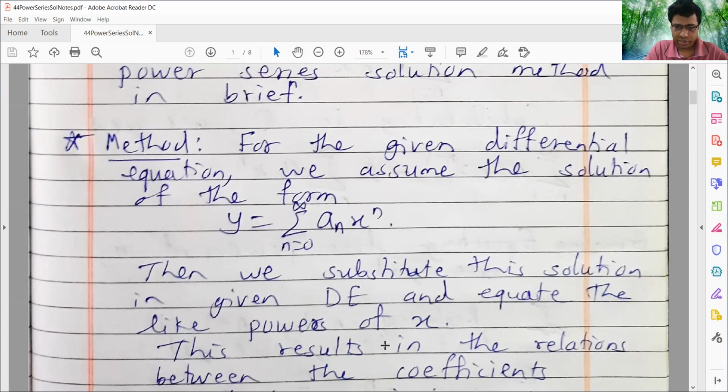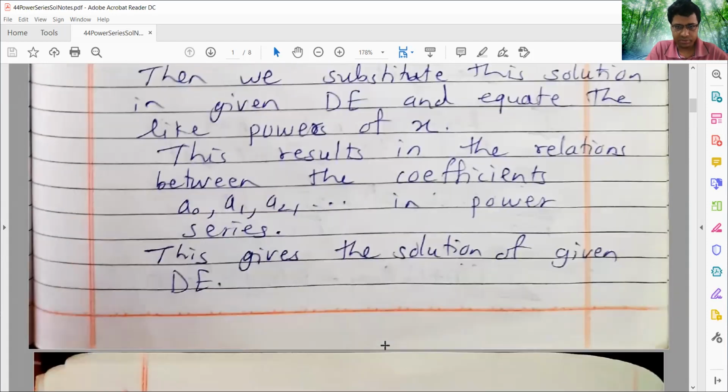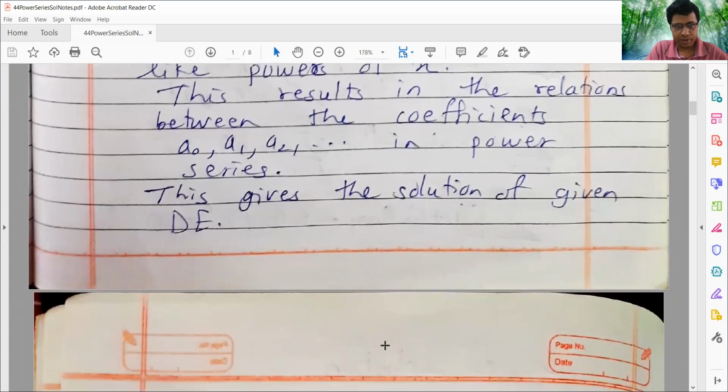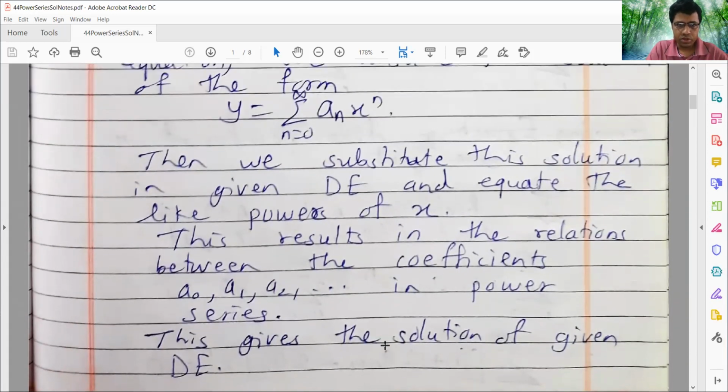We substitute this in the given differential equation and then simplify. Then we equate like powers of x in that equation so that we get relations between these constants ai's, which will produce the solution. Okay, so let us illustrate this using some examples.